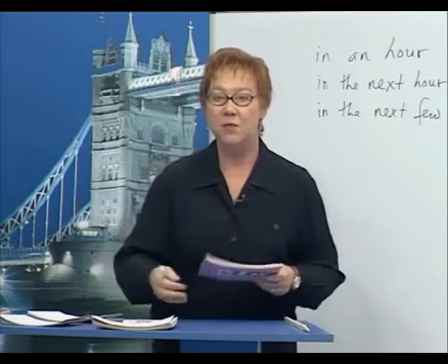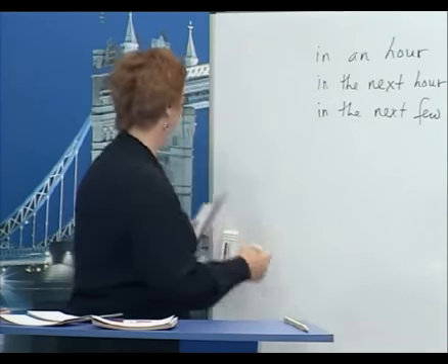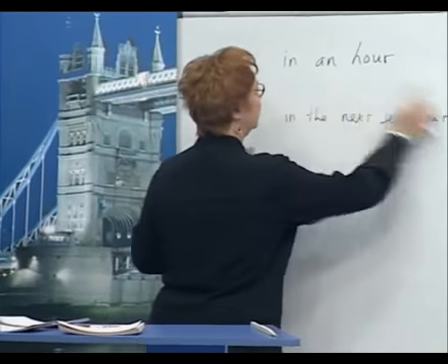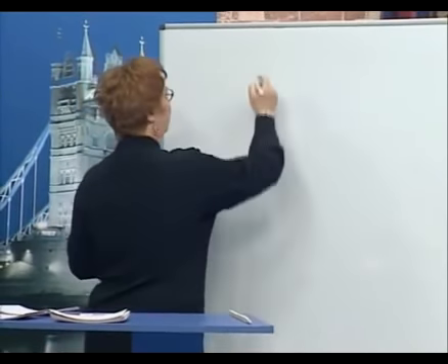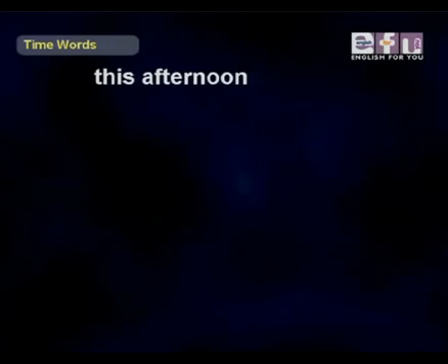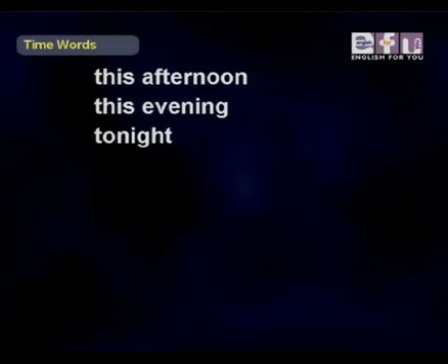Now, we saw the words for the past time before, and now we have words for the future. Now, here are some more words for the future. Let's make some room here, and I'll give you more vocabulary. Okay, here we go. This afternoon, this evening, tonight, tomorrow.